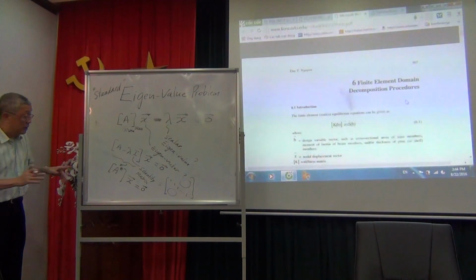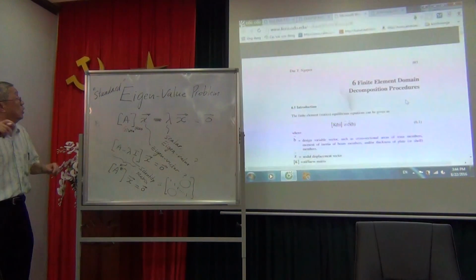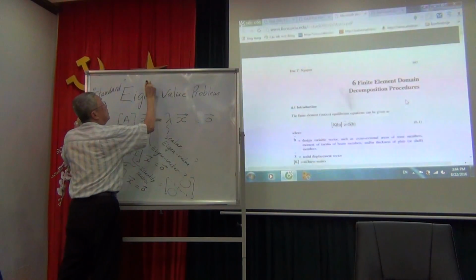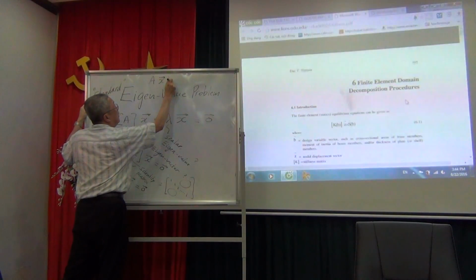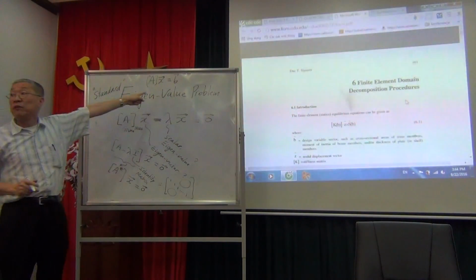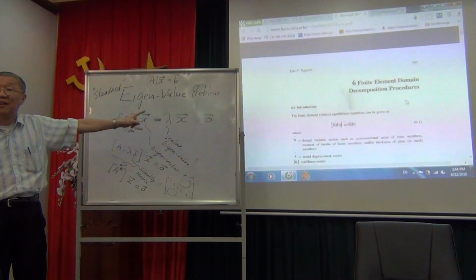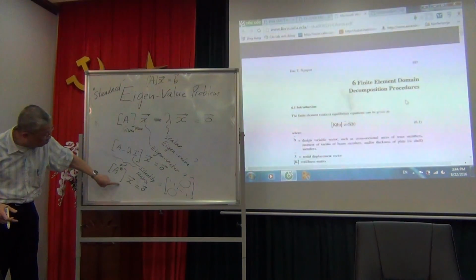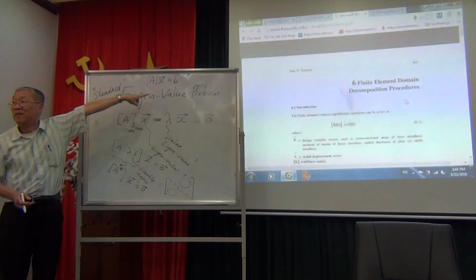Last time in my previous lecture, we learned how to solve Ax equal to b using the Cholesky method. Remember that? Now, this one looks very similar to that form.